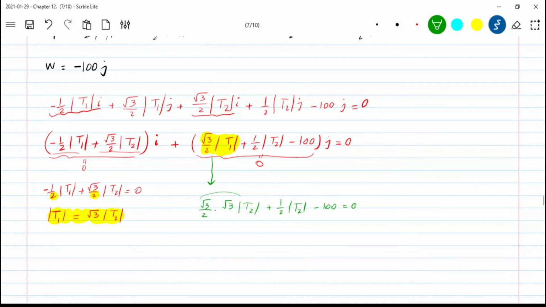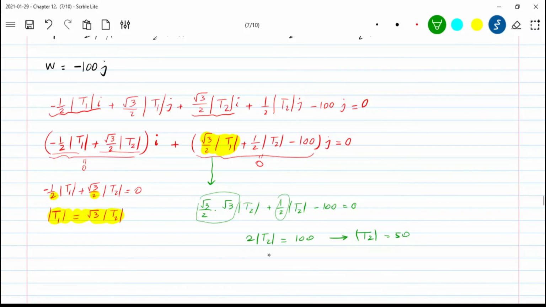So this is 3/2 plus another 1/2, which is 4/2. So that is 2 magnitude of T2 equals 100. And so I can answer this question. What is the magnitude of T2? It is 100 divided by 2, or 50.